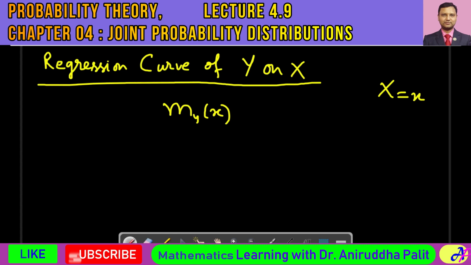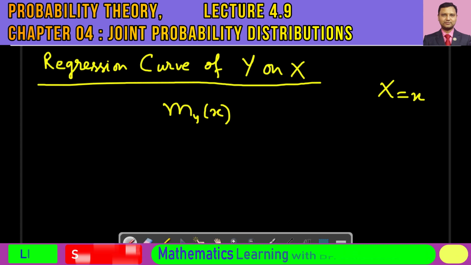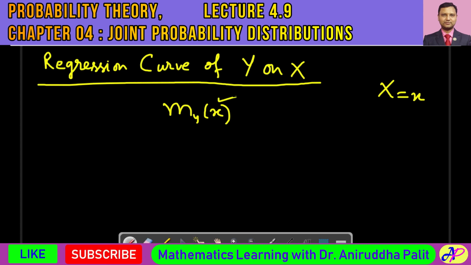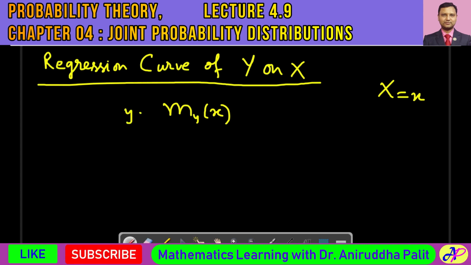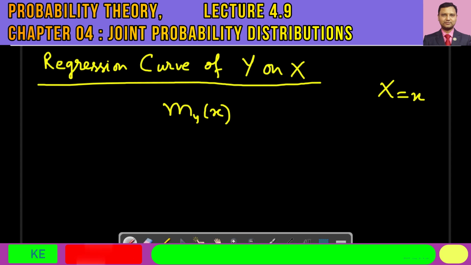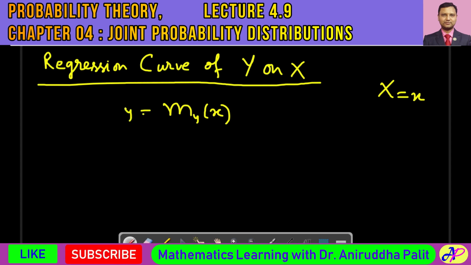Okay, and what is this? If we change the values of x, it will ultimately describe a curve. This curve y is equal to m y of x will be called the regression curve of y on x.